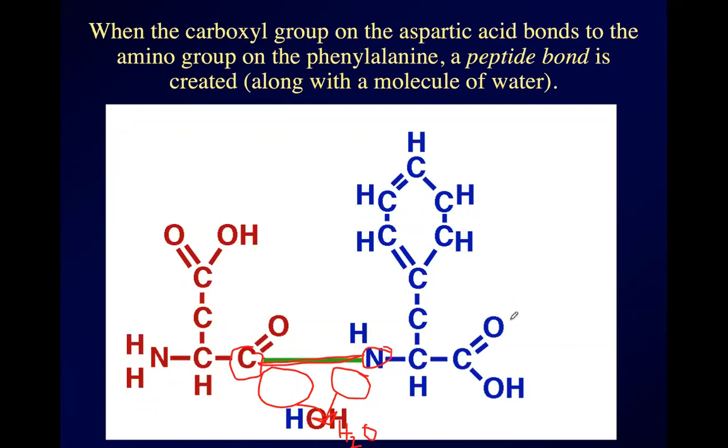And here's the thing, here's a carboxyl right here. This carboxyl, in theory, could form a peptide bond with the amino group of another amino acid. And this amino right here could form a peptide bond with the carboxyl of the next amino acid. So you can link these together in chains indefinitely long.